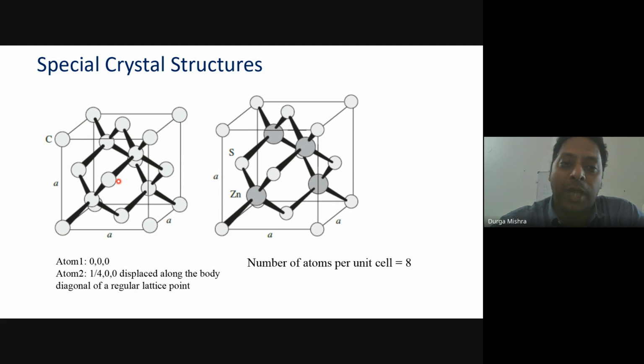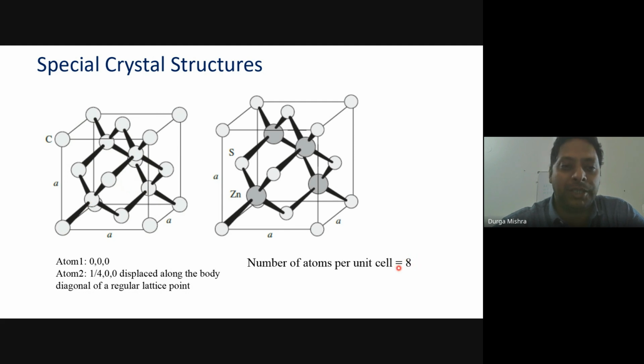In addition to that, you have four more carbon atoms within the unit cell, like this one, this one, and this one. These are not on the face center, but rather within the unit cell. So the total number of atoms per unit cell will be 8.